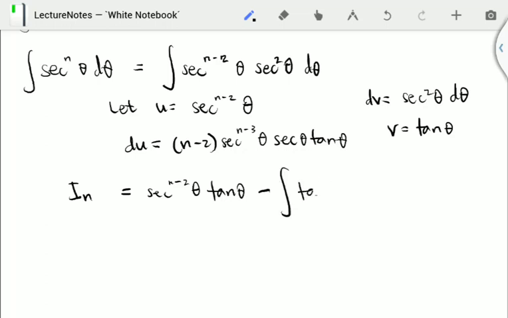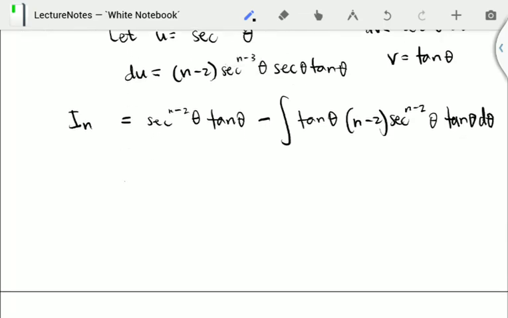So v is tan theta, du. So this sec to the n minus 3 and this sec will combine. That will give you sec to the n minus 2. So you have n minus 2 sec to the n minus 2 theta, and then you have another tan theta there, tan theta d theta. All right. Good so far.